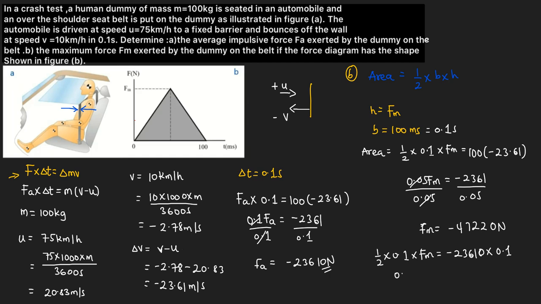So we are going to have 0.05 Fm equal to, let's do the multiplication, minus 23610 times 0.1, that will give us a value of minus 2361, divided by 0.05. So 0.05 divided by 0.05 will cancel out, and then you get the maximum force to be equal to minus 47220 Newton. Let's take note of that.